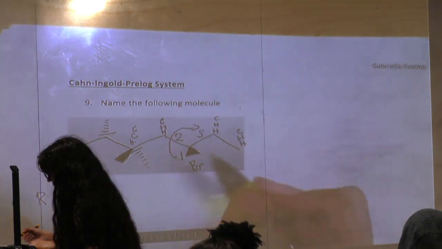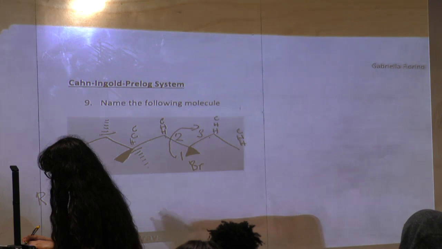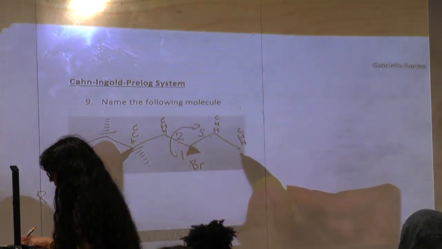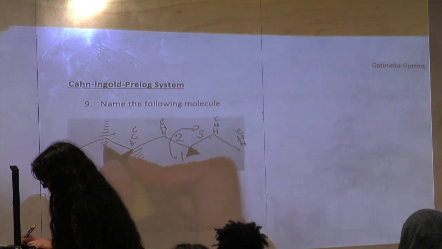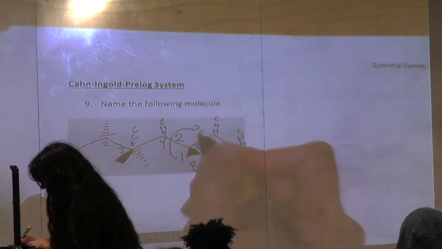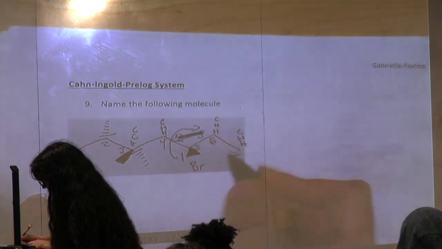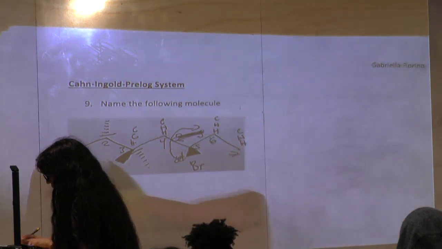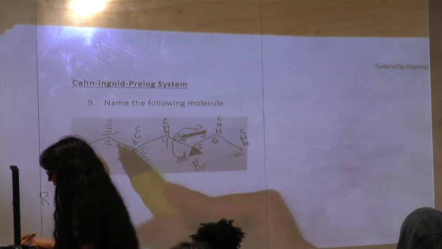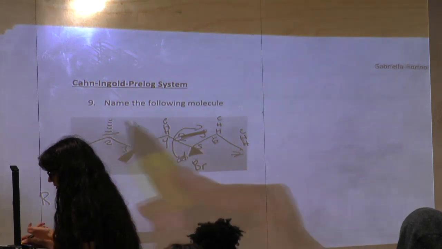So now we have to assign carbon 1, 2, 3, and all that. If we compare this side, this is the first one to branch. So this is carbon 1, 2, 3, 4, 5, 6, 7. I'm going to cross those out because I don't want to get confused. This has a bromine here, but we chose this as carbon 1 because it's the first one to have a methyl branch, or a branch in general.